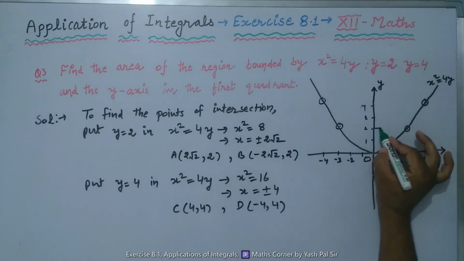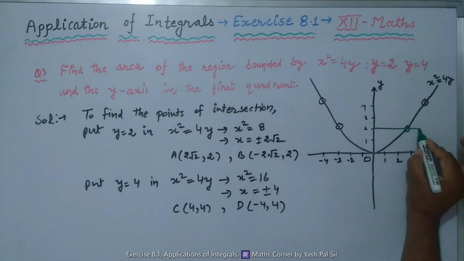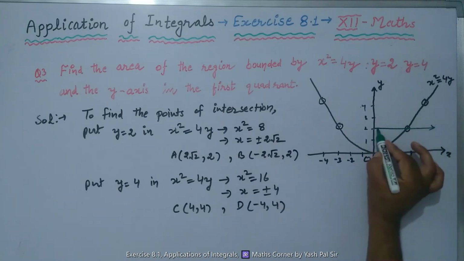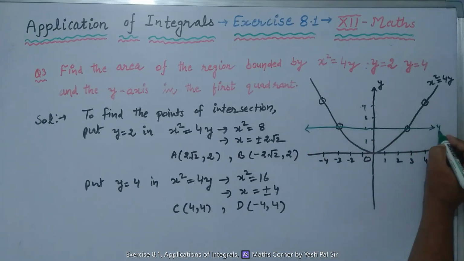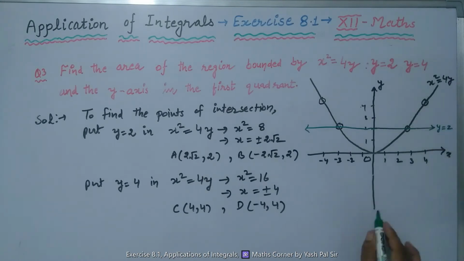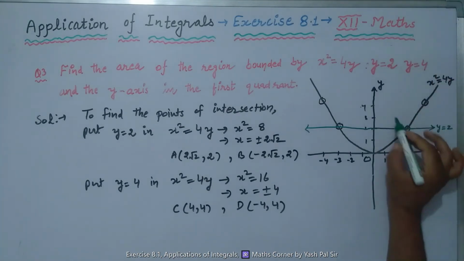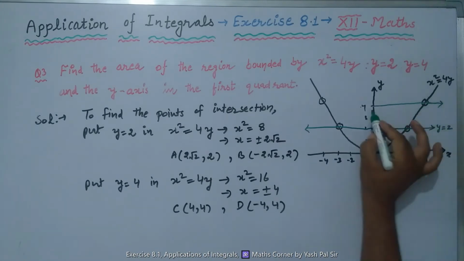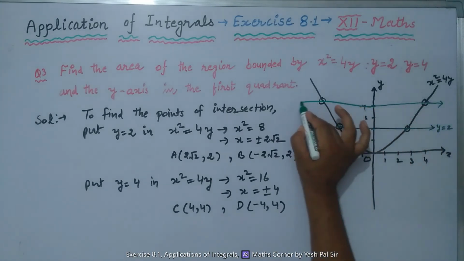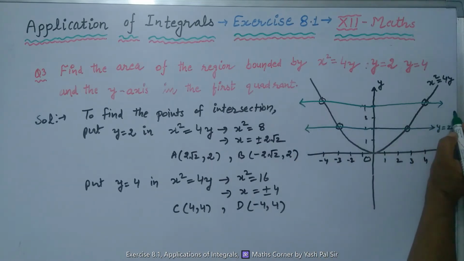So this is the line parallel to x-axis, y is equal to 2 is the line parallel to x-axis. Second time y is equal to 4. So this is the line parallel to x-axis, y is equal to 4.